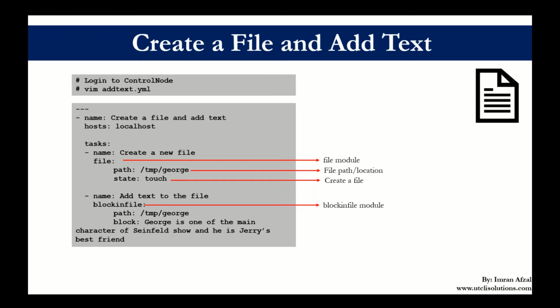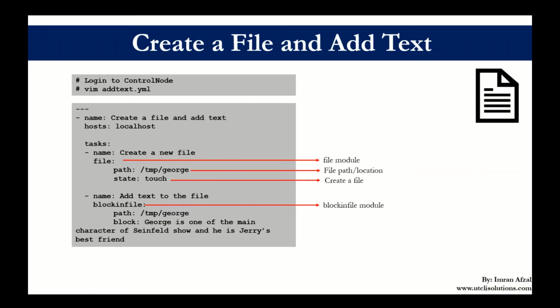So let's say you are adding into the etc hosts file and you want it to be added with proper indentation. You could define that by putting block colon space and then a pipe, and then you could hit enter and put down the exact way that you want, like IP and host name.